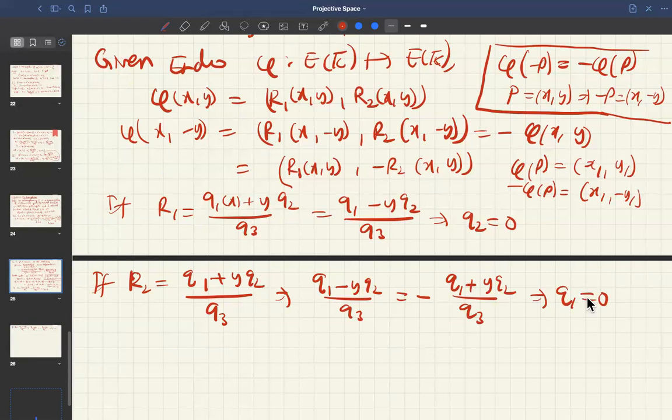So what we're saying is the following: if you write R1, which is a rational function, in terms of Q1, Q2, Q3, then Q2 has to be 0 for R1, and Q1 has to be 0 for R2.